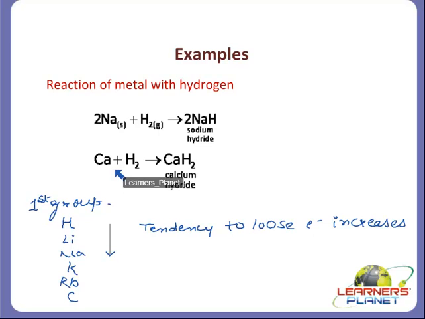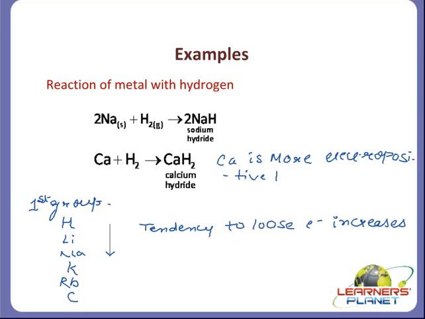Likewise is the case with calcium also. Calcium is more electropositive than hydrogen. So it can lose electrons to hydrogen and form CaH2.